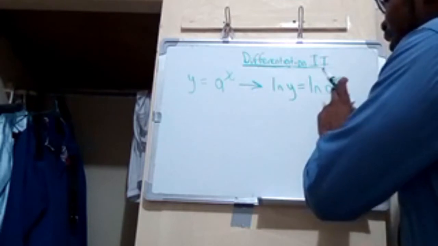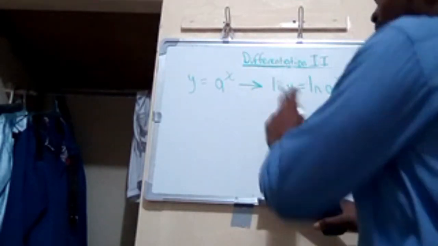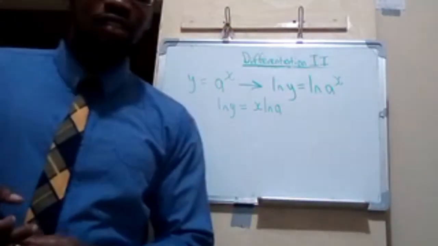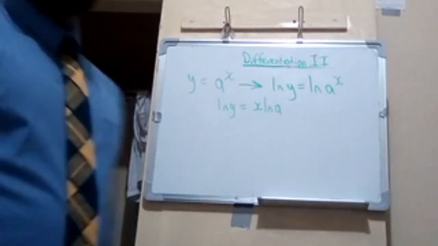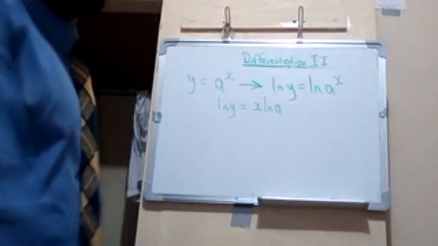Now I can use the rules of logarithms, which tell me that ln y is going to be equal to x ln a.